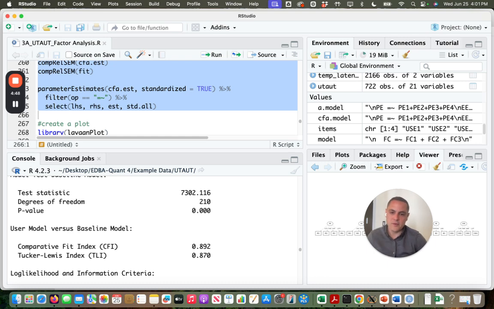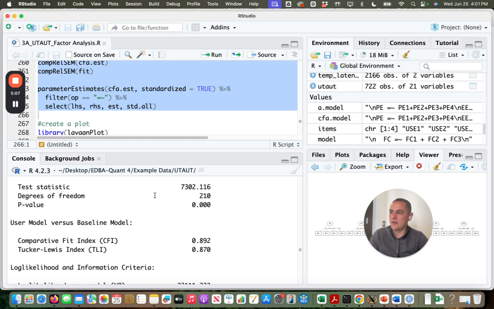So you can see there you have the CFI 0.9, or sorry, 0.89. Ideally, that would be greater than 0.9. It's on the cusp, but again, people would argue that maybe 0.85 is acceptable. TLI should be over 0.9, again on the cusp for TLI.